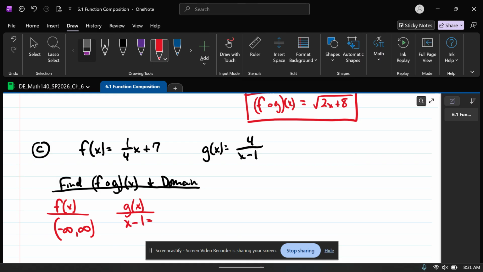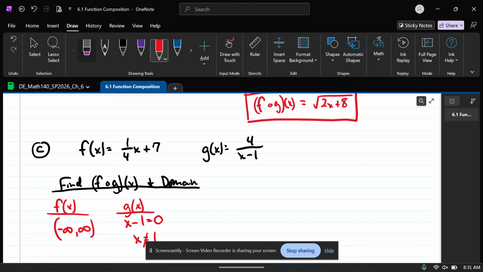Yeah, set that denominator equal to 0. If it needs factoring, factor it. In this case, it doesn't. There's nothing to do except get x by itself. So x equals 1. So that tells me that the restriction on the domain for g of x is x can't be 1.